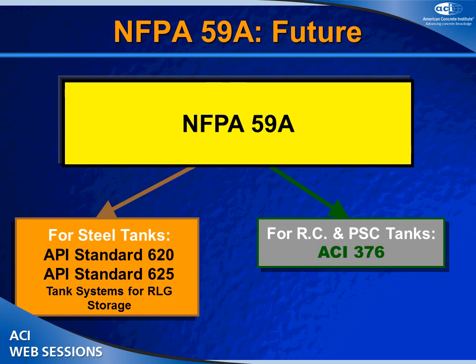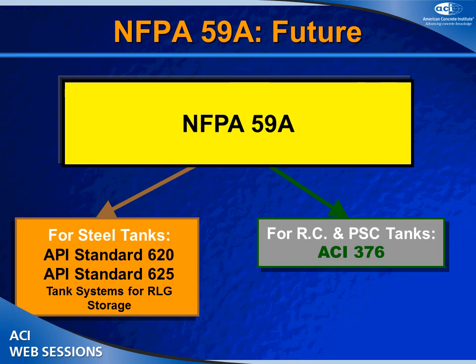NFPA 59A, the next version, which will be in 2013, I think will be the actual number, is very close to completion. It will actually now refer directly to ACI 376, and it still refers to 620 for steel.